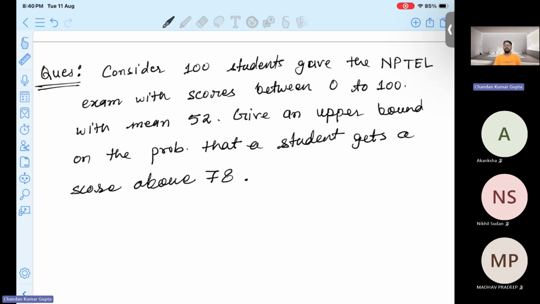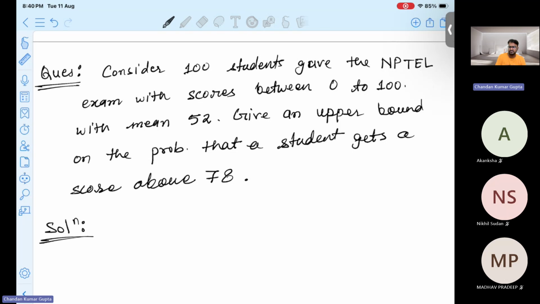Simple question. We are given 100 students. They gave the NPTEL exam and of marks 100, obviously. The average value comes out to be 52. Now we need to find the upper bound for this probability.